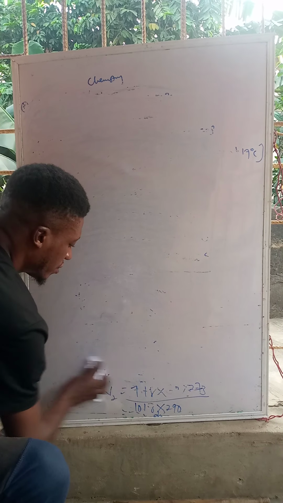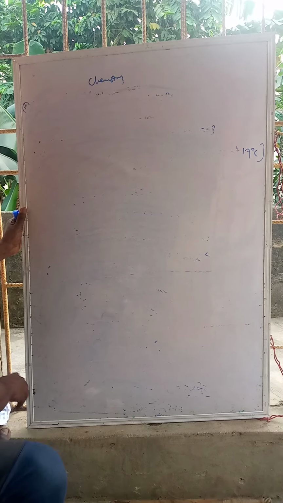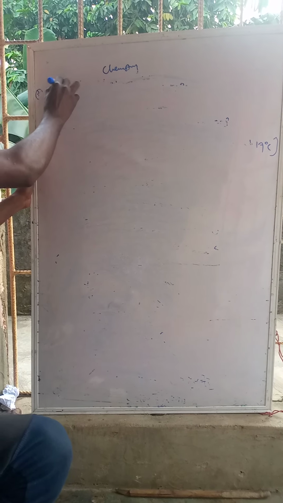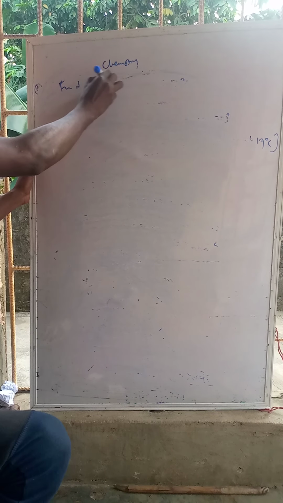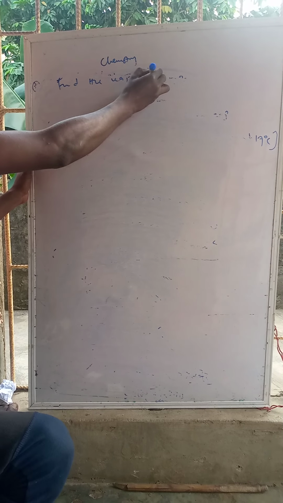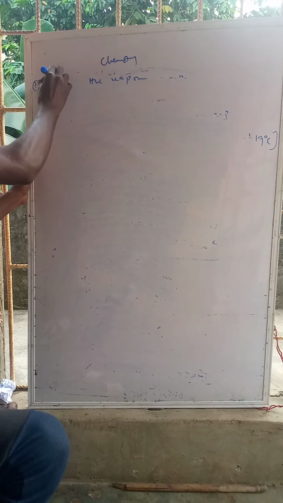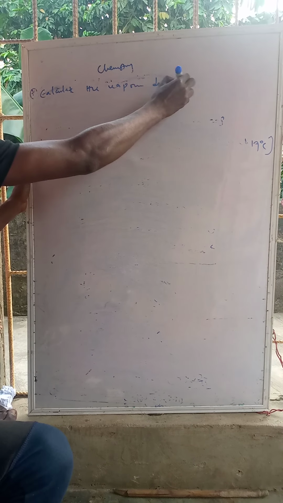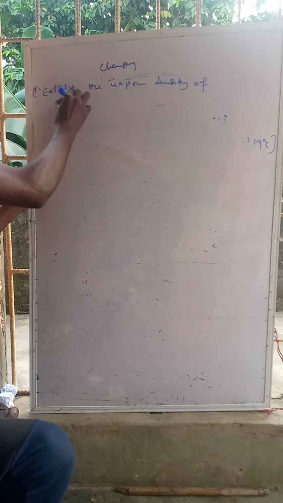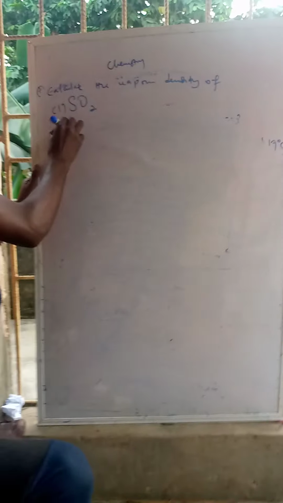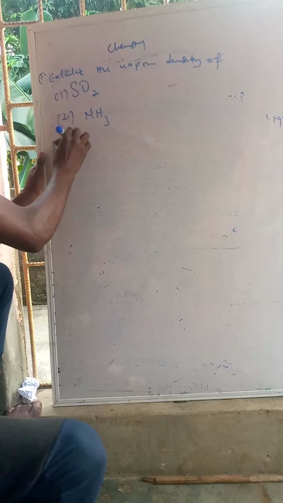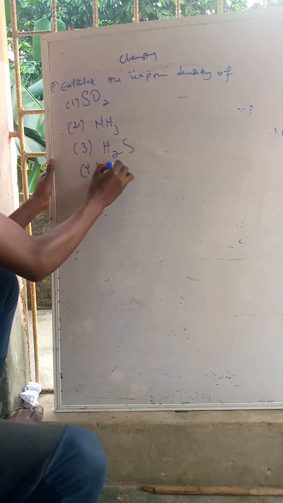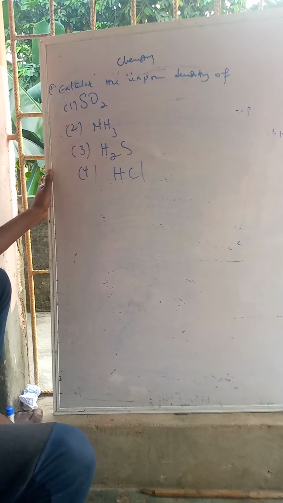So right here now, if I say find the vapor density, or calculate the vapor density of: 1, sulfur(IV) oxide, 2, ammonia, 3, hydrogen sulfide, 4, hydrogen chloride gas.